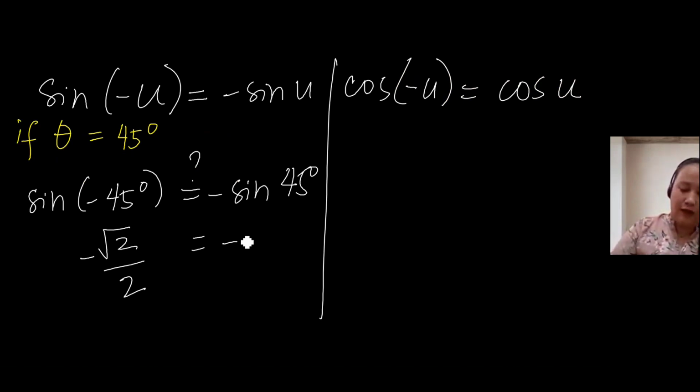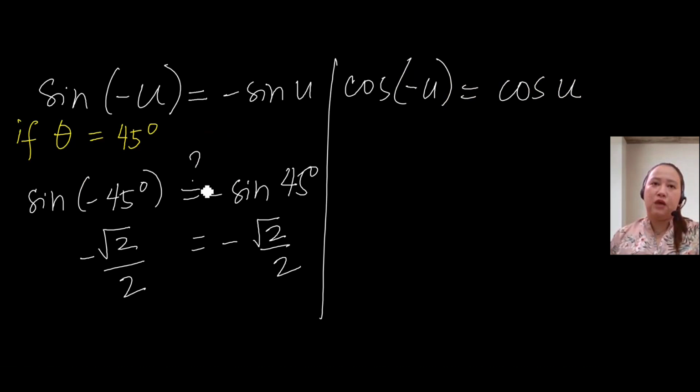So you have to input in your calculator sine of 45, which is square root of 2 over 2. Remember that the negative here is actually before the trigonometric function, so we're just going to copy it. Then in your calculator, you input sine 45 degrees. You would notice that the left side is really equal to the right side.